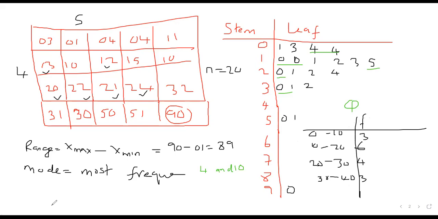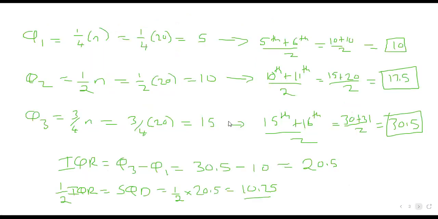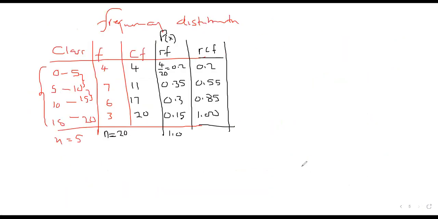Collins, sorry, I just want to see the frequency distribution table. The frequency we are looking at, this one. Okay. Relative cumulative frequency, 0.2 plus 0.35 is 0.55.